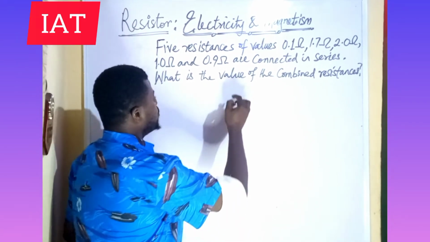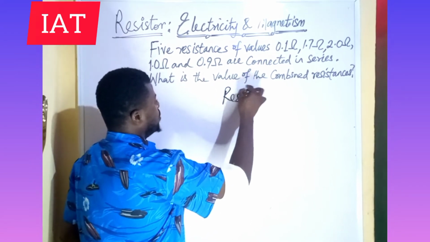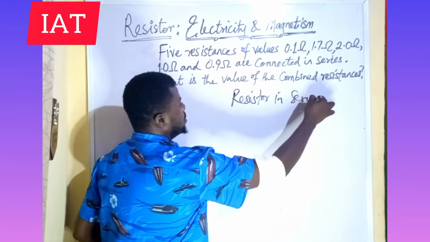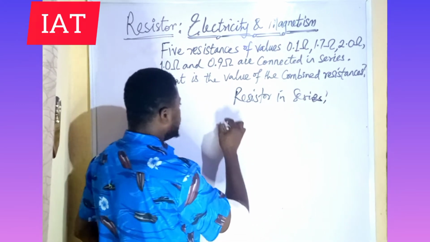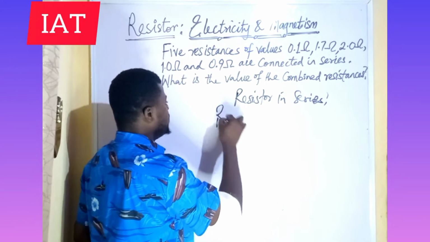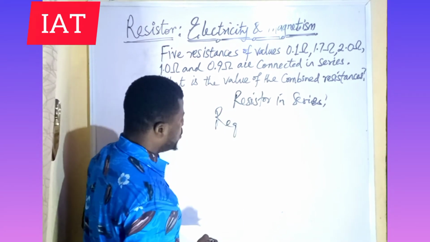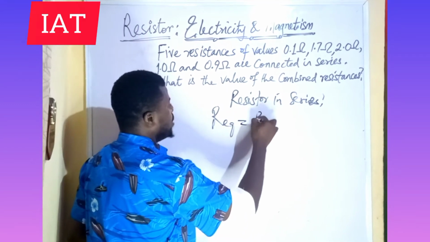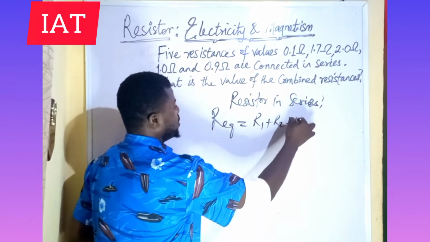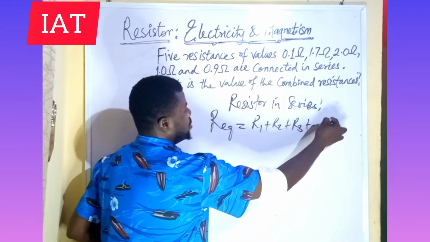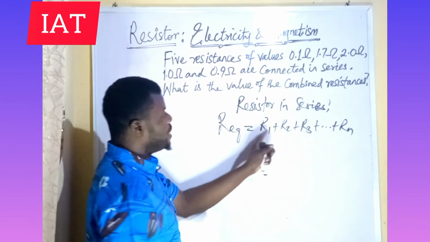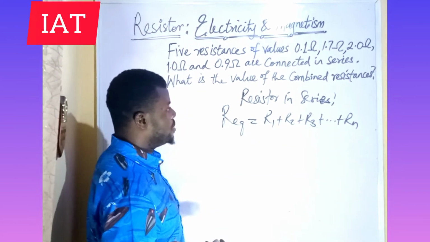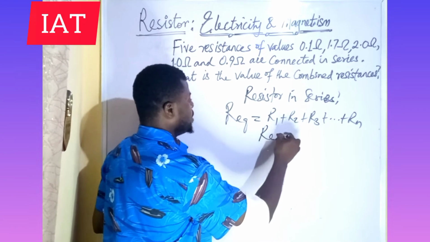The formula for resistor in series is the algebraic sum, or we can have the equivalent resistance, or the total resistance of the resistor, which is R1 plus R2 plus R3 plus Rn, depending on the number of resistor given. So this is resistor connected in series.